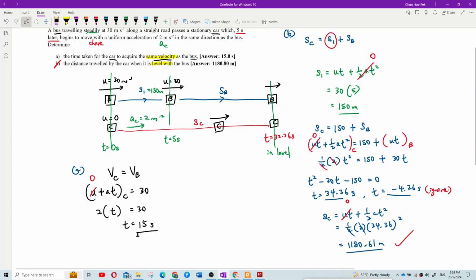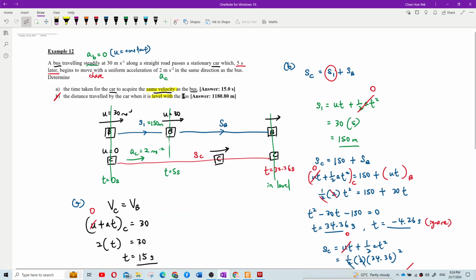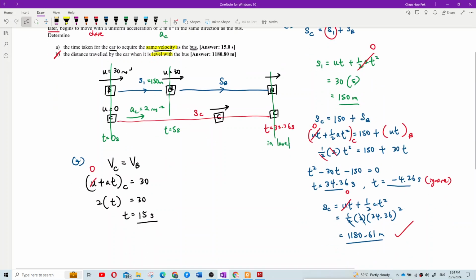Actually, this time does not include the 5 seconds. Yeah, this time is measured starting after the 5 seconds. This 15 seconds already excludes the earlier 5 seconds. So the total time is 5 seconds plus 15 seconds.